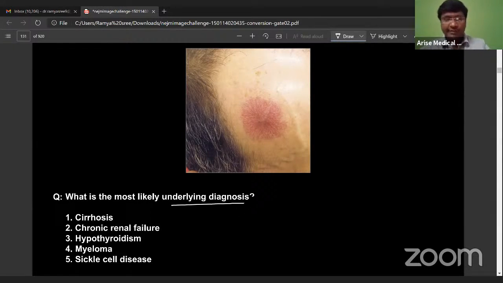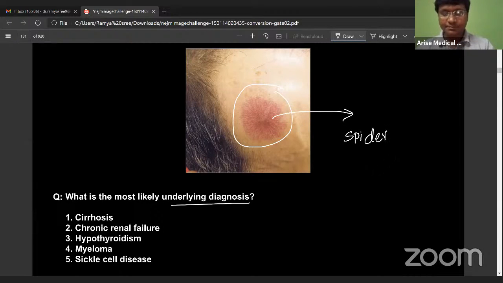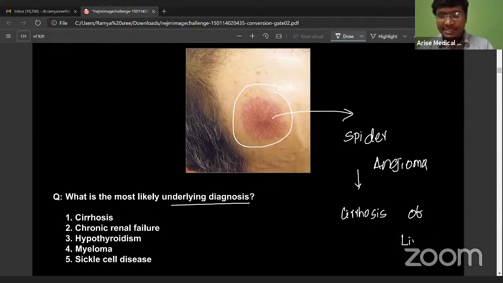Very good, Santosh and Bhargavi. So what is this? This is your spider angioma. This spider angioma is classically seen in cirrhosis of liver, okay, right?